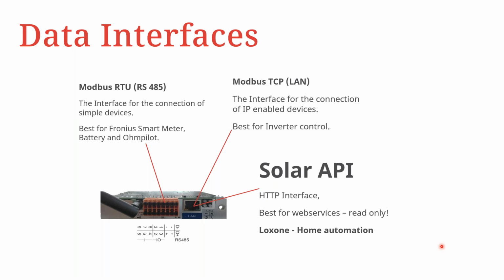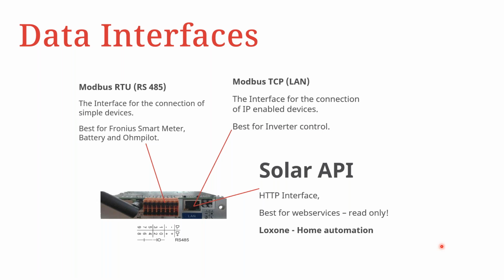I would also note here that the port for the intercommunication between Fronius inverters, that is the SolarNet port, is obviously a TCP port. Next up is the Solar API, which implements, of course, the same LAN port. This is basically an HTTP interface, HTTP standing for Hypertext Transfer Protocol.